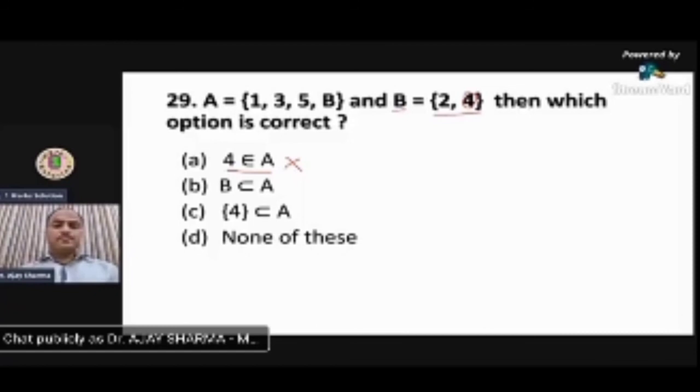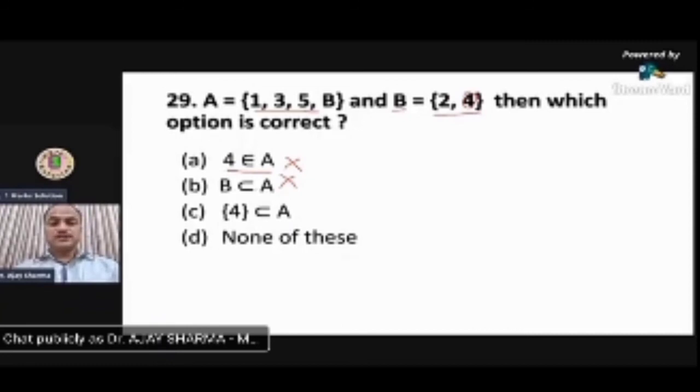We have set B subset of set A. This will be possible only when these two elements 2 and 4 are lying inside set A. We can see 2 and 4, none of them lie inside set A. So this is also not possible.